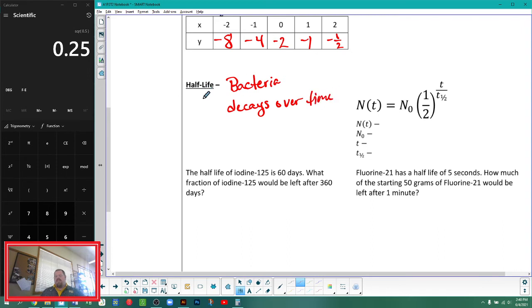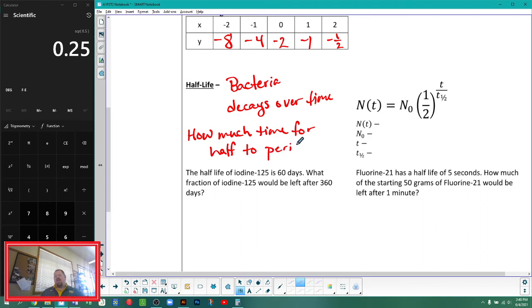Specifically, half-life is going to tell us how much time it takes for half of whatever to, I'm just going to say perish.